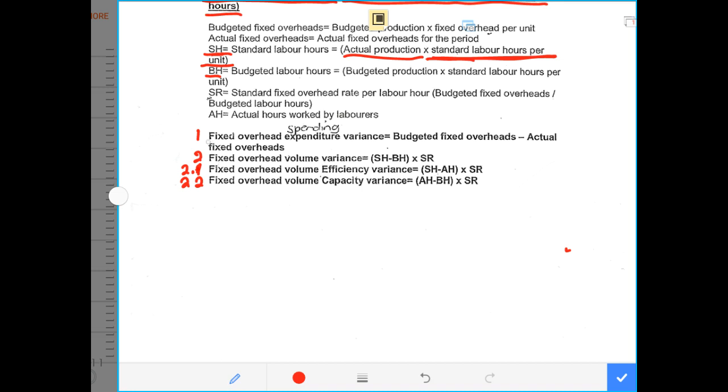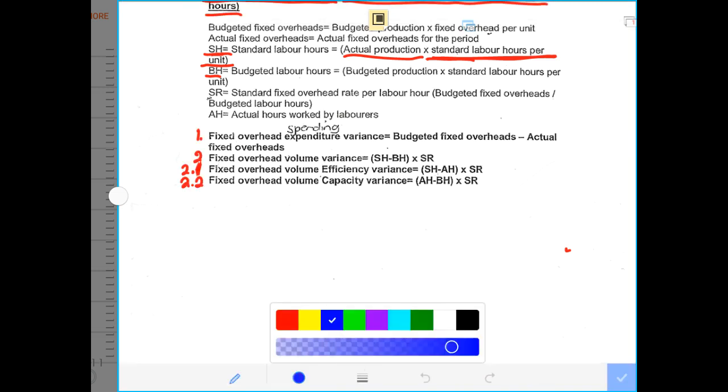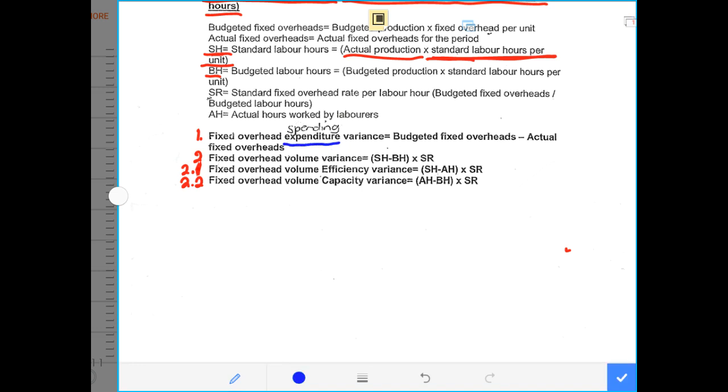Therefore under fixed overhead, the expenditure or spending variance is budgeted fixed overhead minus actual fixed overhead. That will be the fixed overhead variance, the difference between fixed overhead costs that were budgeted and the actual fixed overhead that actually took place.